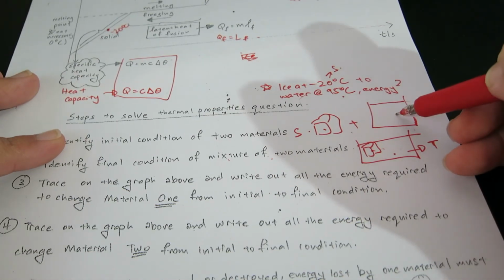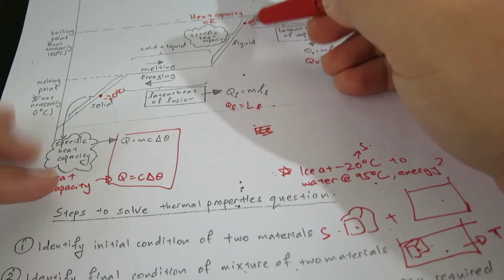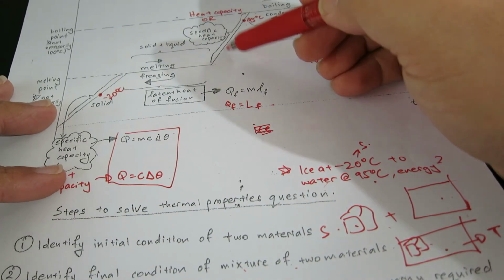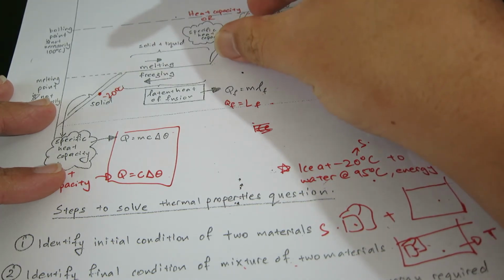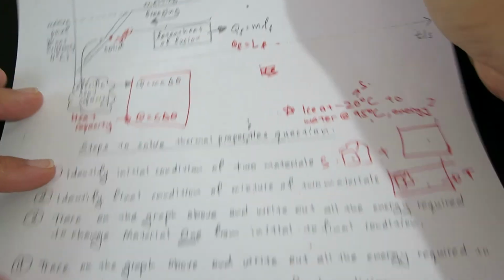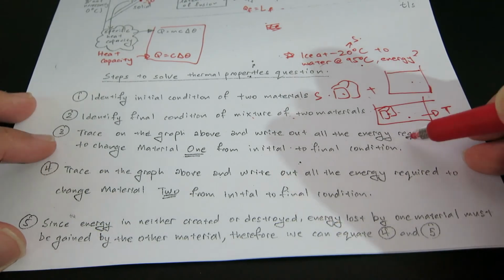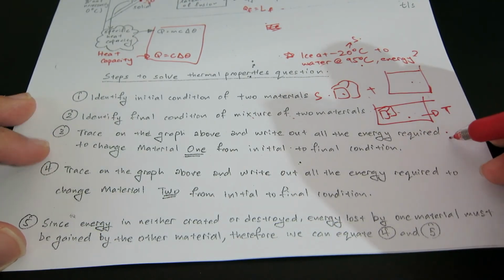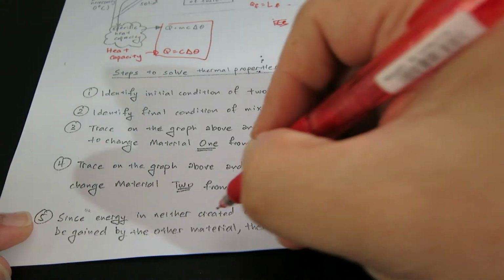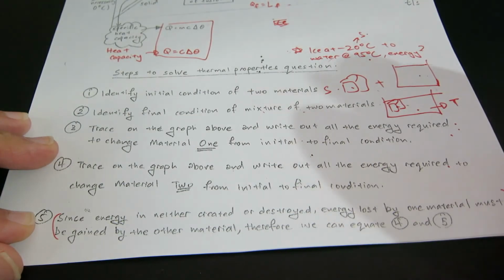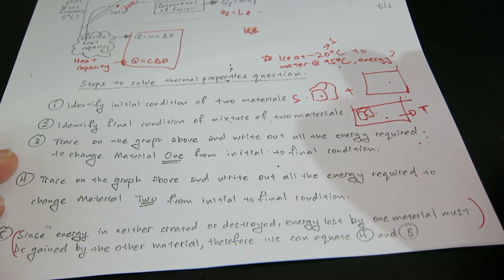Then if the liquid here, it could be a different liquid, drops from a certain temperature to down here, then all I need to do is calculate the specific heat capacity of that. So after you have traced each of them, material 1 and material 2, the last step is to use the principle of conservation of energy and equate those 2 together.